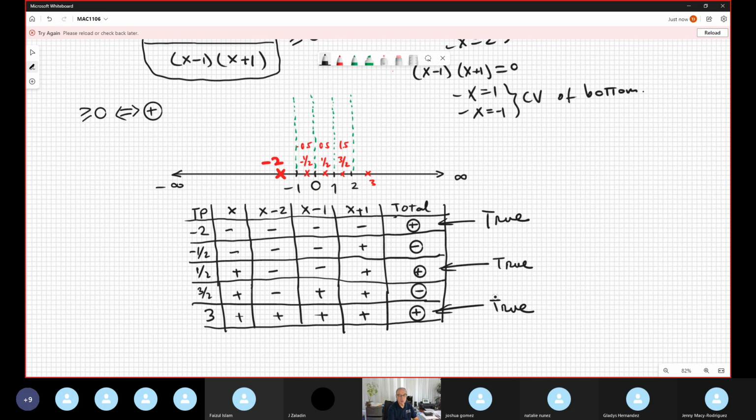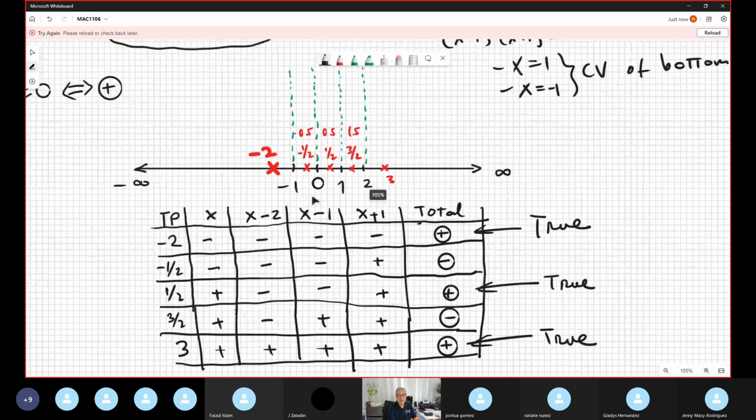Okay, now this is a crucial moment in which you highlight. So the interval below -2 is this. Pass. The other interval is -1/2, no, +1/2 is this.